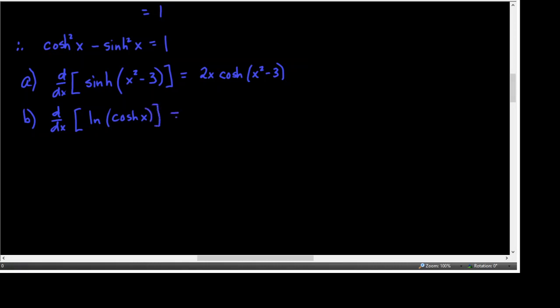Well, the derivative of the natural log of something is still 1 over that something times the derivative of that something, and the derivative of hyperbolic cosine of x is hyperbolic sine of x, which means that we get hyperbolic sine of x over hyperbolic cosine of x.